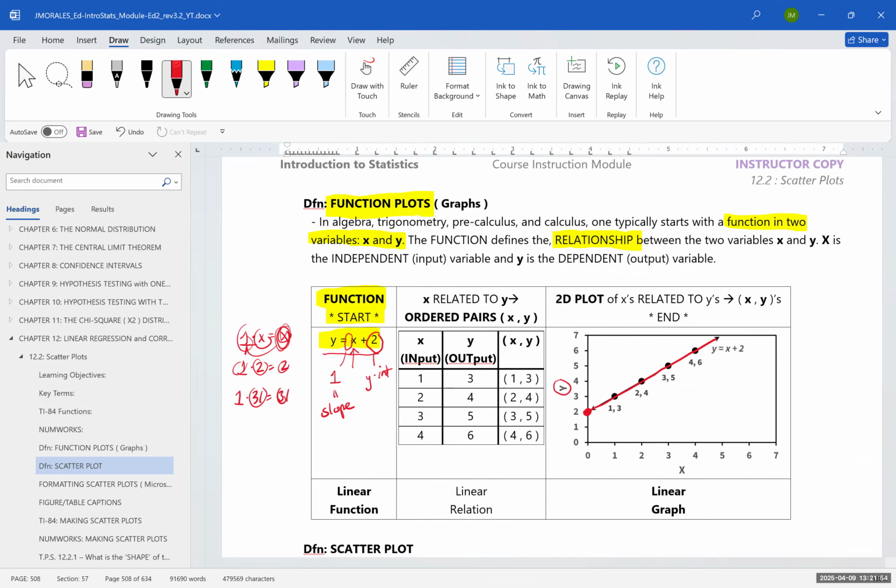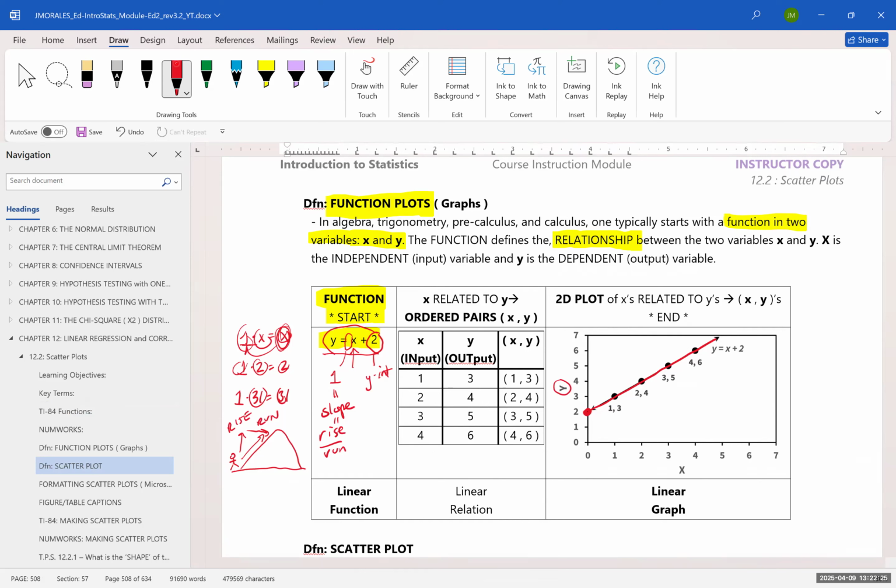Slope is kind of what you would think of if you're at the base of a mountain. The slope is the rise of the side of a mountain over its run. So slope is rise over run.